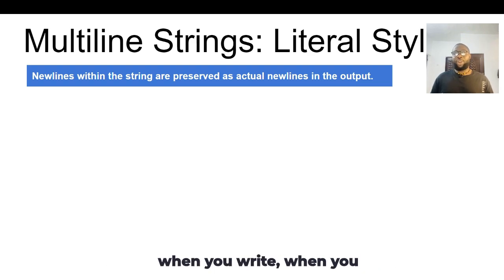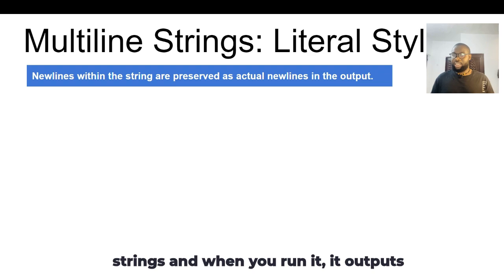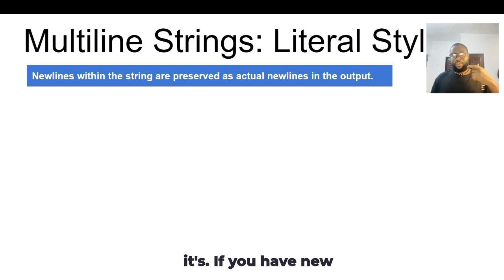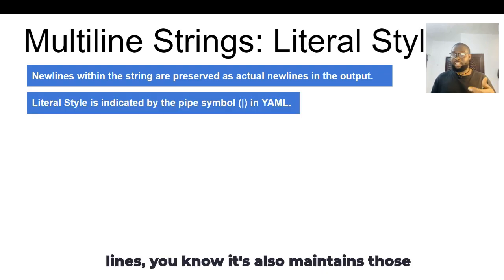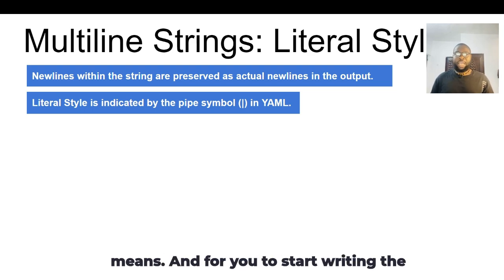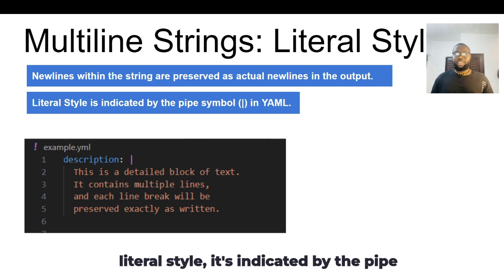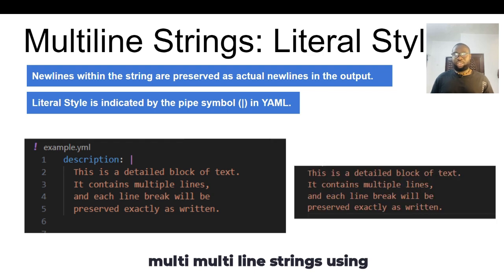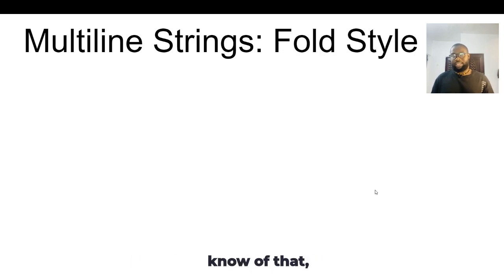So when you write a multi-line string and run it, if you have newlines, it also maintains those newlines in the output. That's what that means. To write the literal style, it's indicated by the pipe symbol, right? So this is an example of a multi-line string using the literal style, and this is likely the output of that.